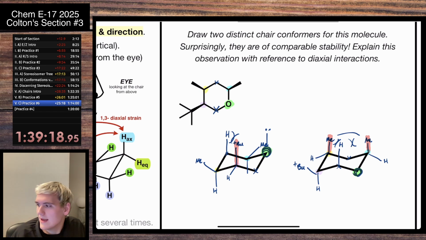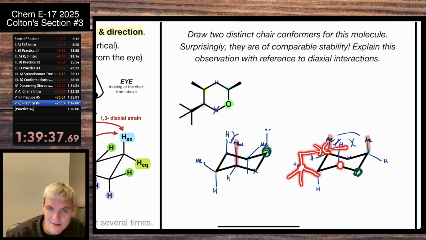The other example, I think the answer key explanation version, the thing that it brings up here is that this tert butyl is actually a structure that looks kind of like this. And lo and behold, this and this are also diaxial to each other.